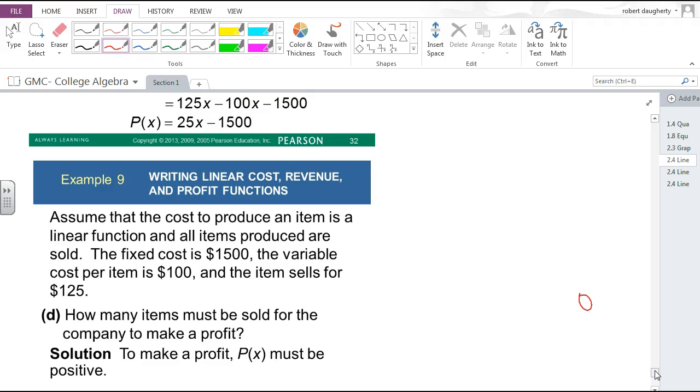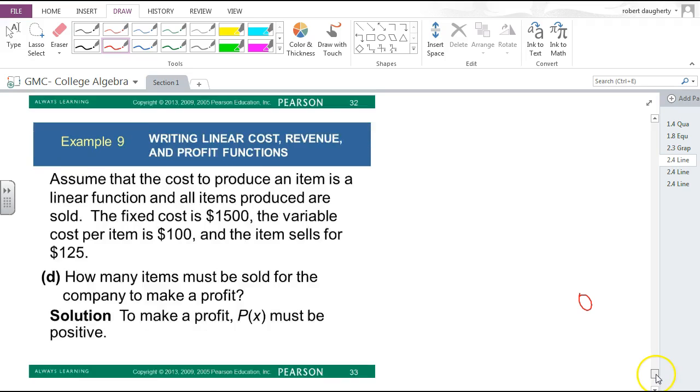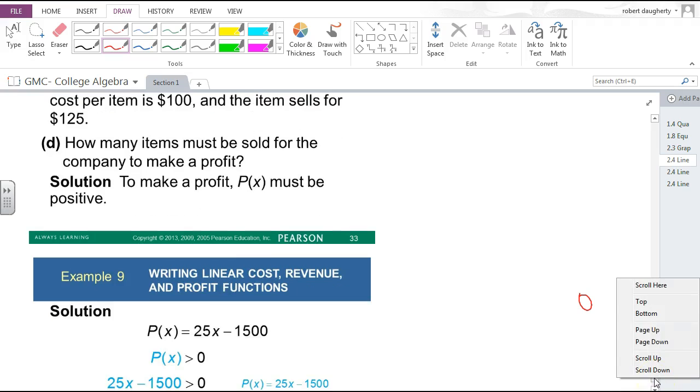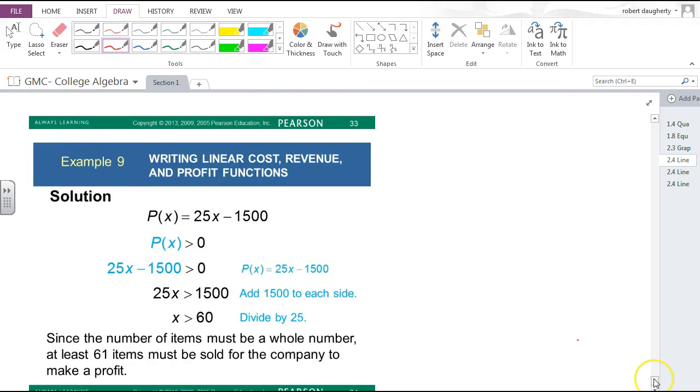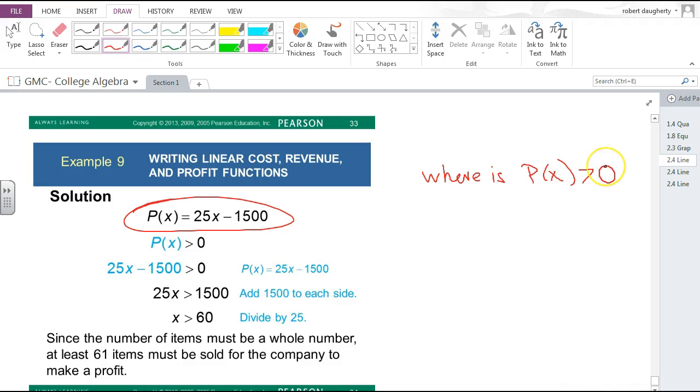Now, how do I determine where I make a profit? Okay. So if I look at it, I've got a profit function here. Making a profit means I make money. So I've got to figure out where is my profit greater than 0.